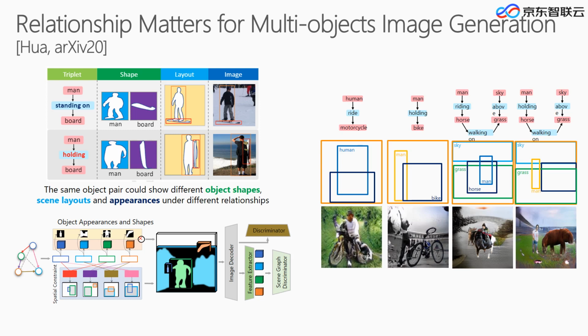First, the objects and their relationship are jointly adopted for object mask generation. Second, a relationship-guided spatial constraint module is proposed to generate multi-object layouts. And last, we propose a scene graph discriminator to make sure the generated image is consistent in both object and relationship.